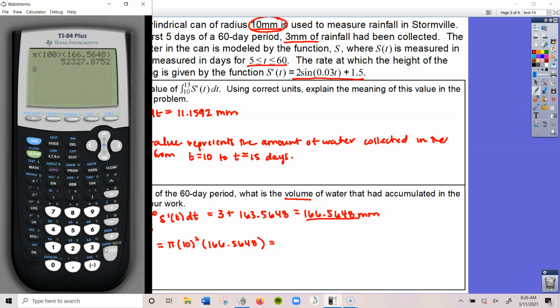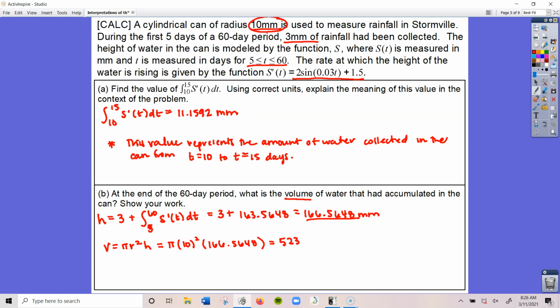And that gives me 52,327.8752. And then our units for volume would be millimeters cubed. And this is the volume of the water that was accumulated.